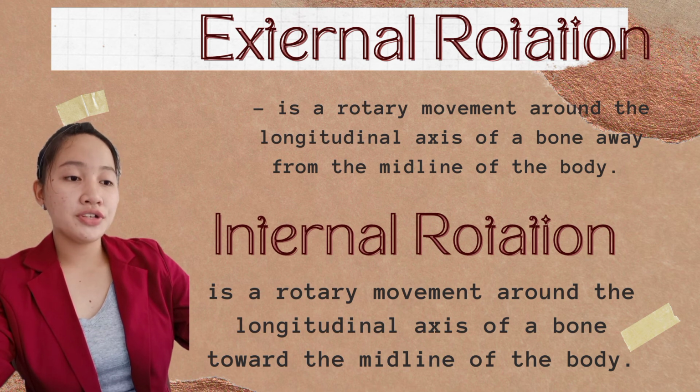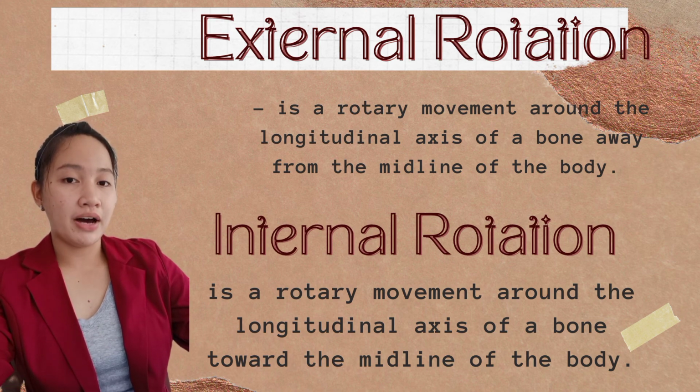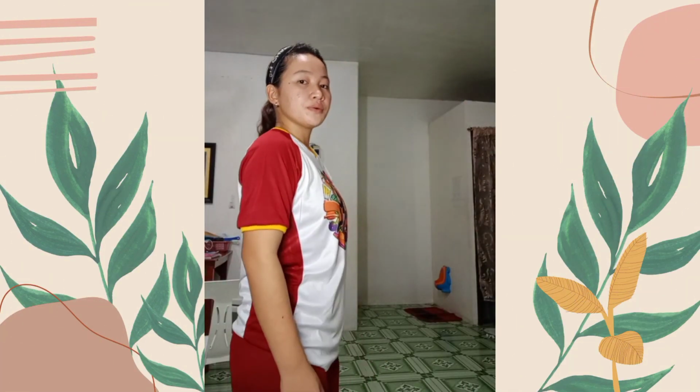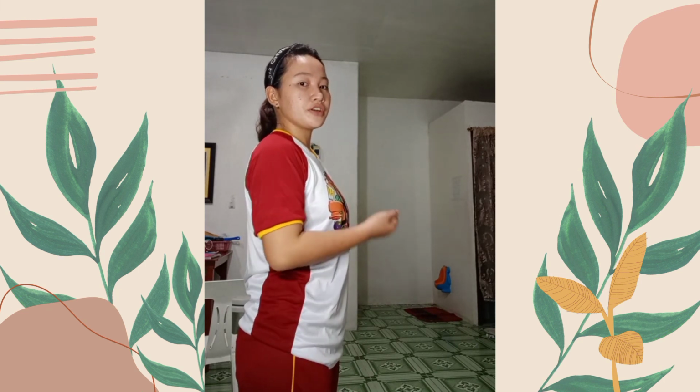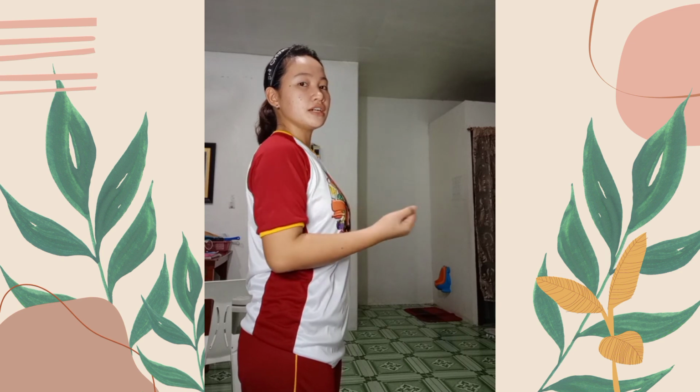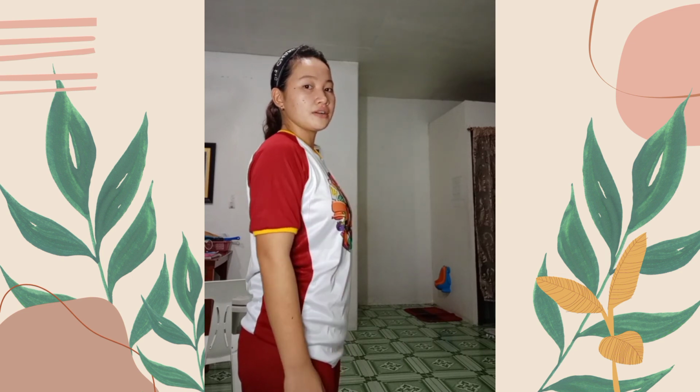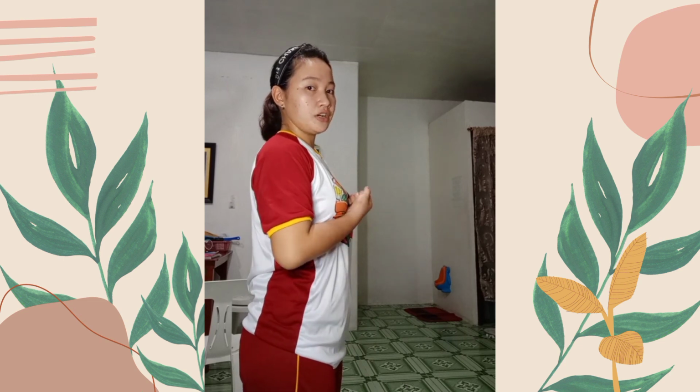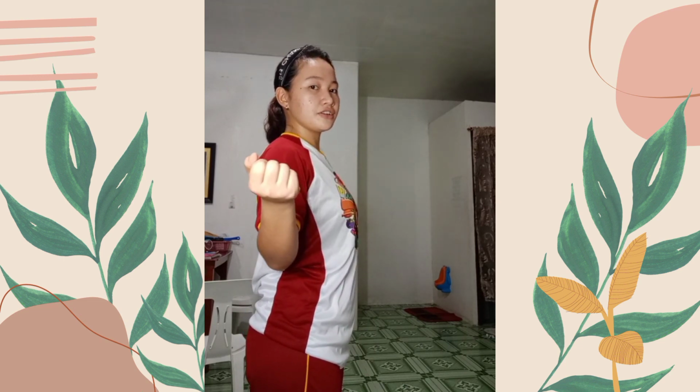This is a rotary movement around the longitudinal axis of a bone toward the midline of the body. We have internal rotation, external rotation. I'll repeat: internal rotation and external rotation.